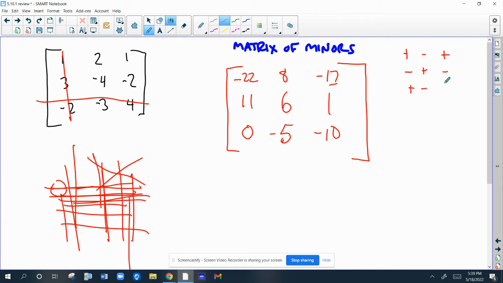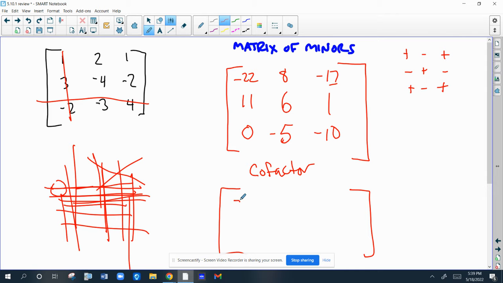But now that the matrices are getting bigger, we're establishing some kind of pattern. So that's like a checkerboard here. So the cofactor matrix, take this matrix of minors and you apply those signs. So basically, you can see the crosses.